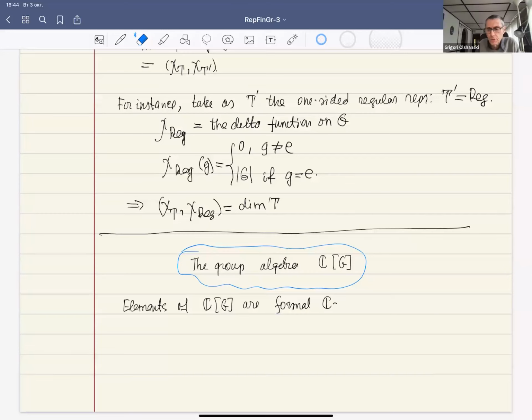It's not the delta function. I'm sorry. Yes, you are right. Okay. So elements of a group algebra are formal linear combinations.